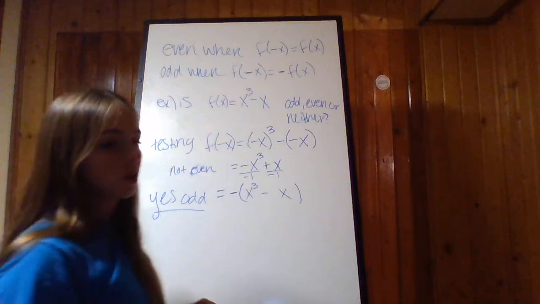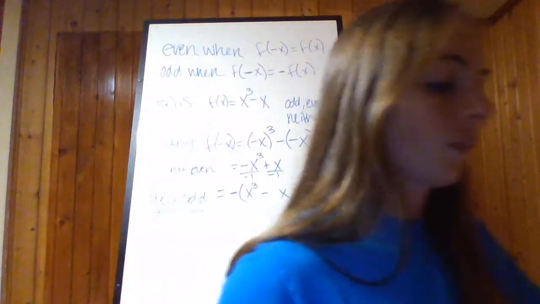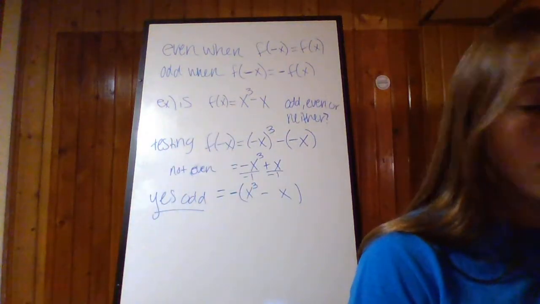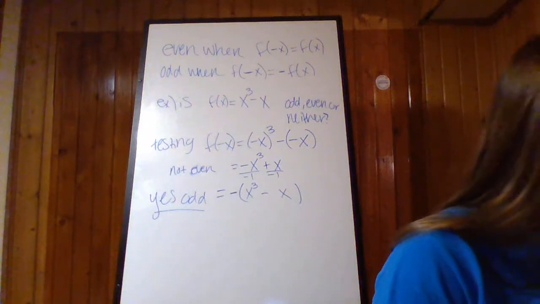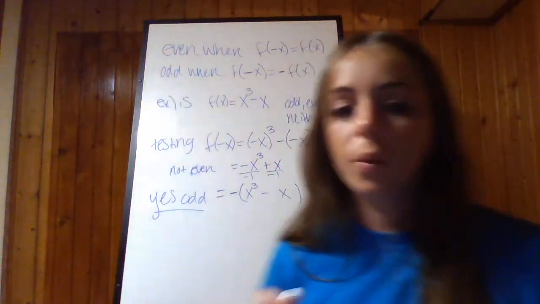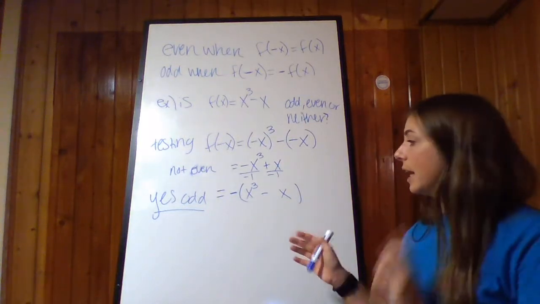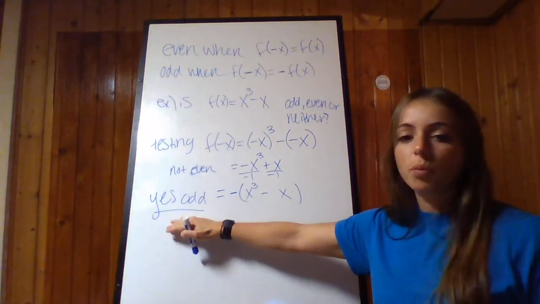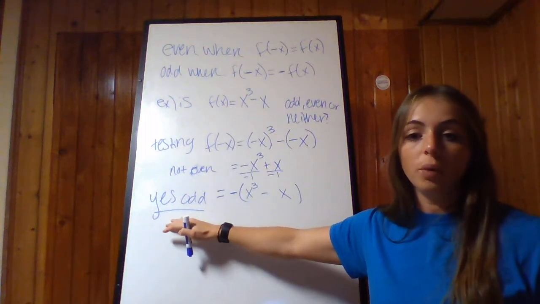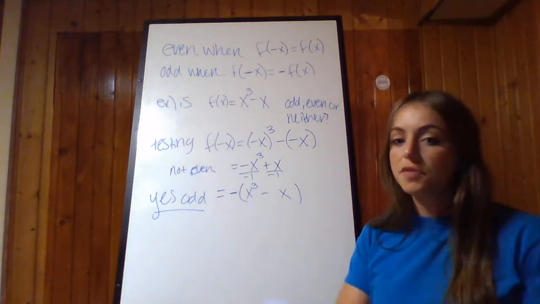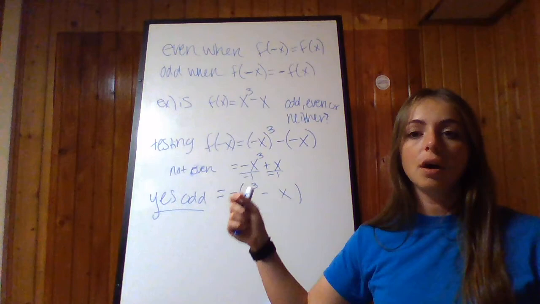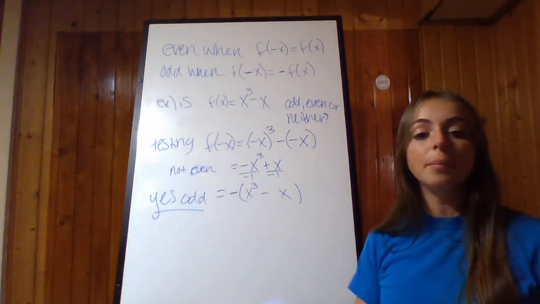Okay, so I'm not going to do another example. If we need to do one in class, I will. What I will say is what would have happened if this would have said no, it's not odd. I would have done nothing else and said, okay, that means it's neither, and been done.